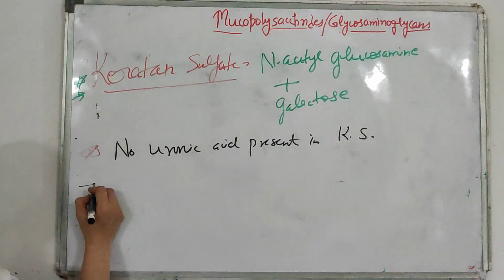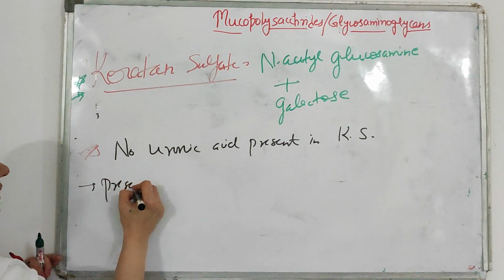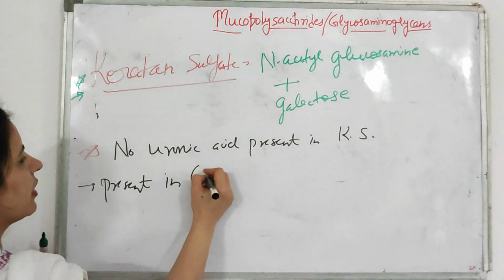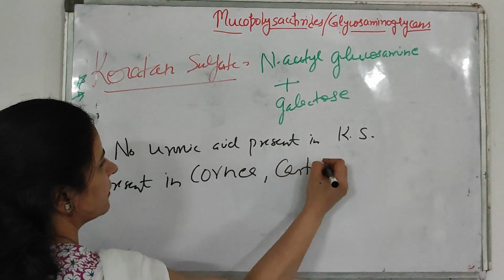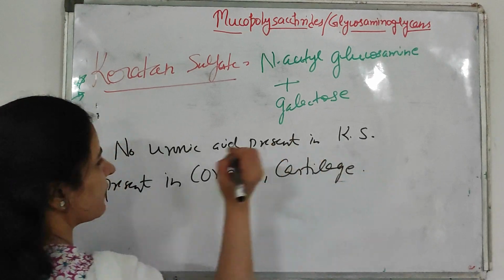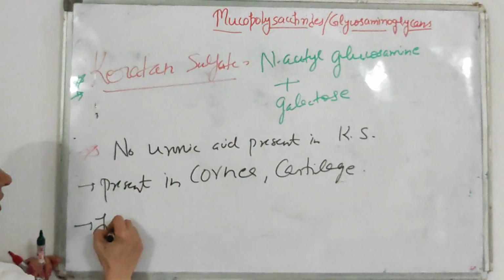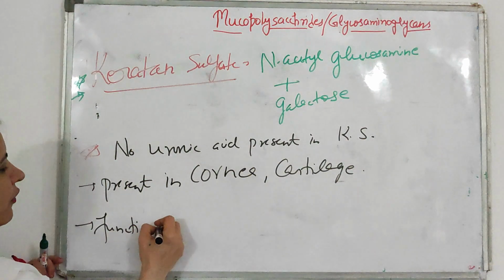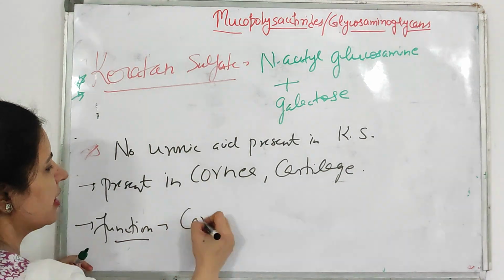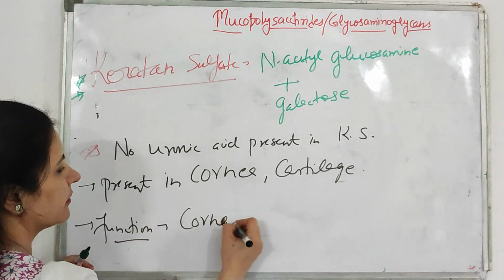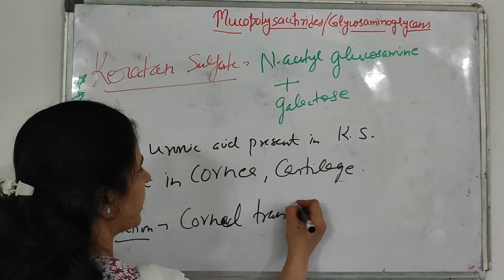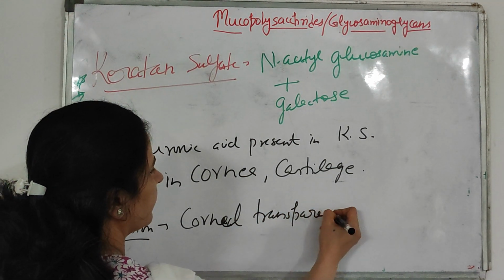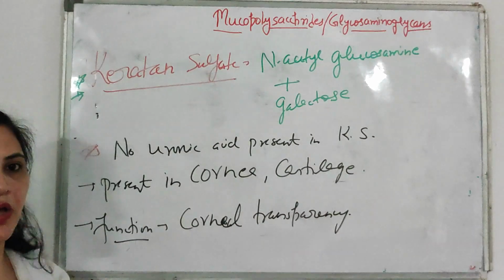Okay. And where is this keratan sulfate present? It is present in your cornea and your cartilage. And its function is to provide corneal transparency. That means it provides transparency to the cornea.